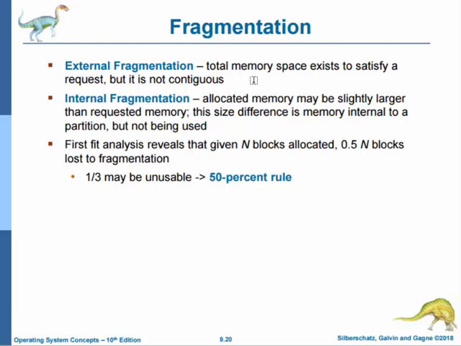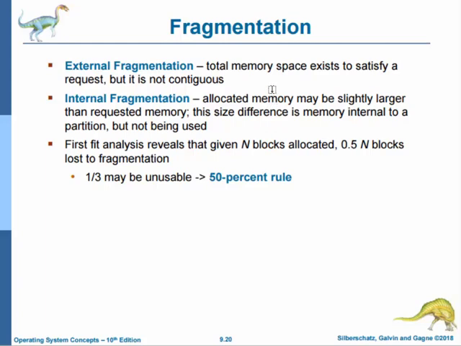External fragmentation exists when there is enough total memory space to satisfy a request, but the available spaces are not contiguous. In that case, storage is fragmented into a large number of small holes, and this fragmentation problem can be severe. In the worst case, we could have a block of free or wasted memory between every two processes.